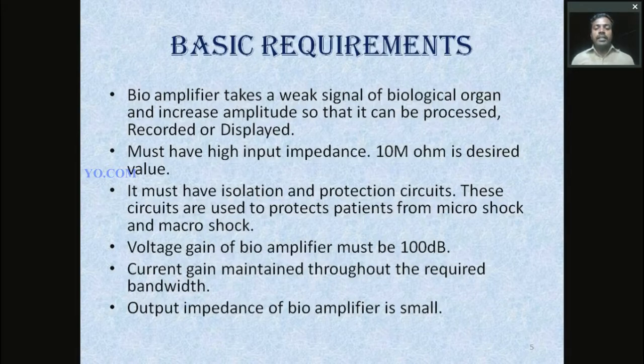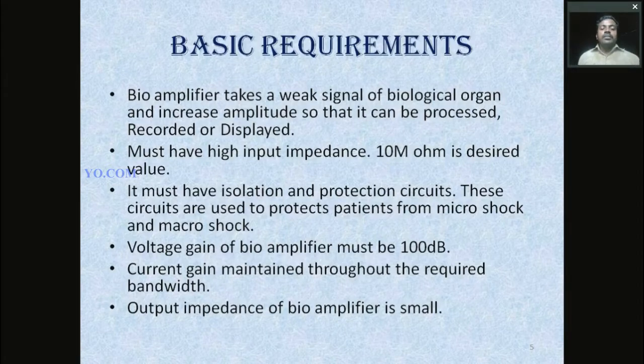The current is very low, in the range of nanoamperes. So if the input impedance is very low, the amplifier absorbs more current from the input side, which is not suitable for our biological electrodes. So the input impedance should be very high, in the range of 10 megaohm.